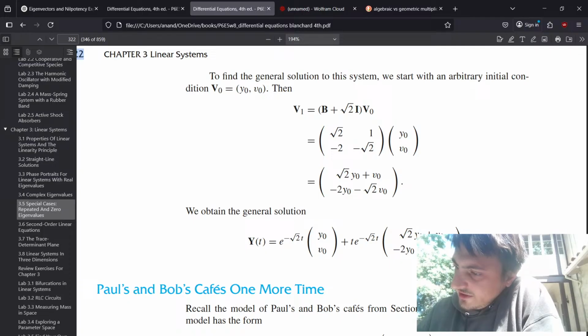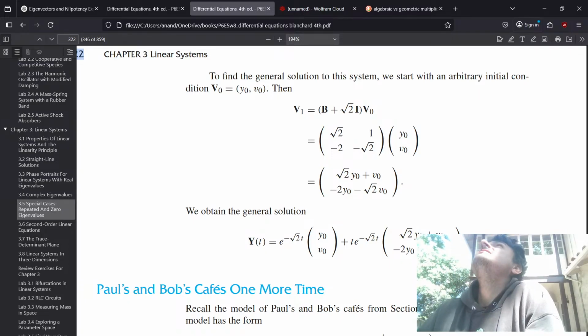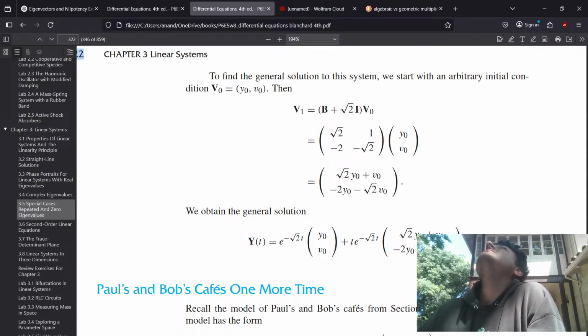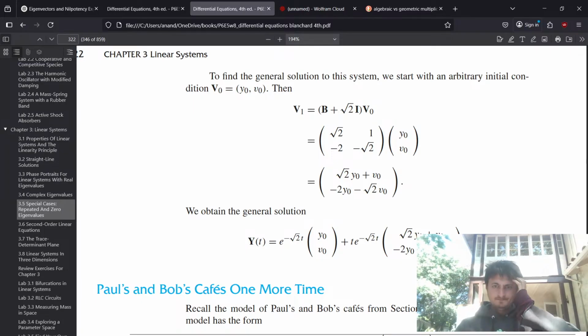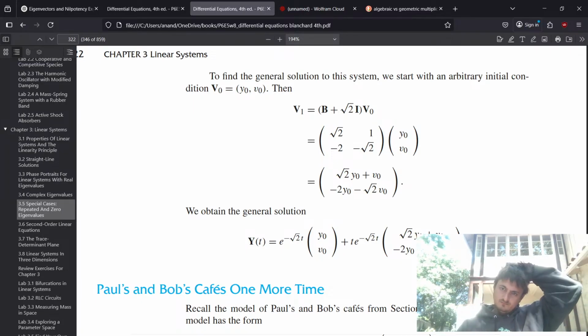This is going to be minus 2 y0, right? So that's v1 in terms of the initial condition.